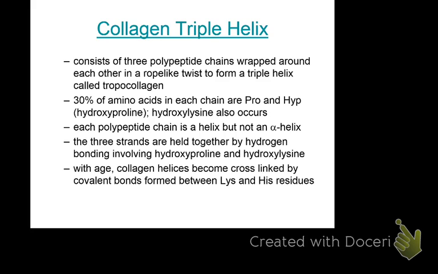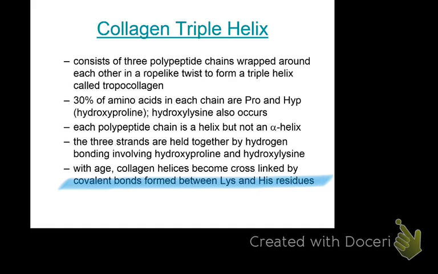However, what I think is actually really cool is that as you age, the helices can actually become cross-linked. Which you would think just makes it stronger. But what? So that's what they're saying here, the helices start to cross-link.